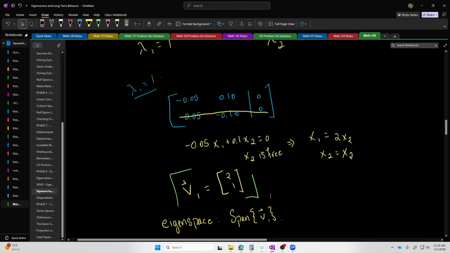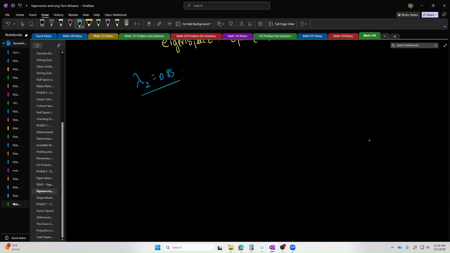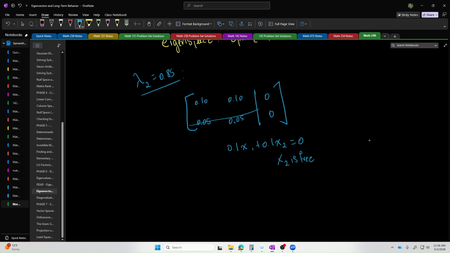If I set lambda 2 equals 0.85 and subtract that entry from the diagonal, I get 0.10, 0.10, 0.05, and then another 0.05. Once again, thinking about the null space, the second row contributes nothing, and we get 0.10 x1 plus 0.10 x2 equals 0. x2 is free, so x1 and x2 are opposites, and x2 is equal to itself.